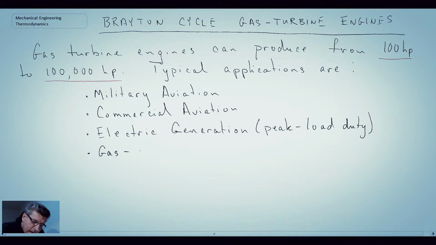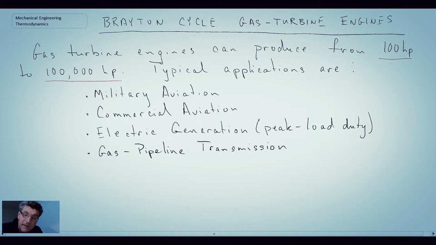In Canada, we use these for the main transmission lines which transport natural gas across the continent. We have compressor stations every 100, 200 miles along the pipelines, and those compressor stations are powered by industrial gas turbine engines.